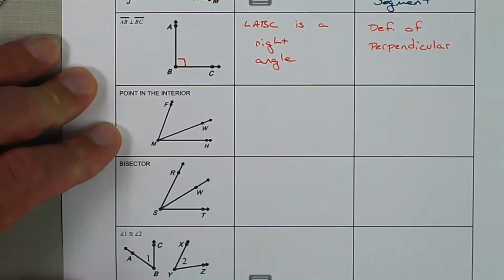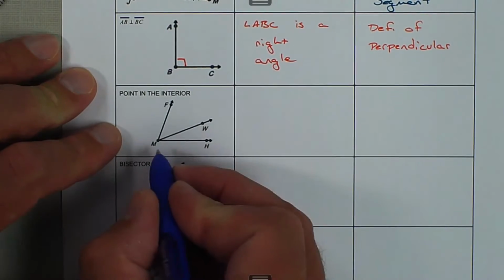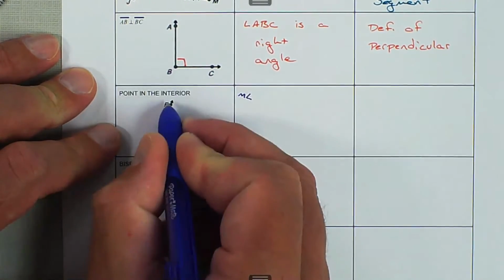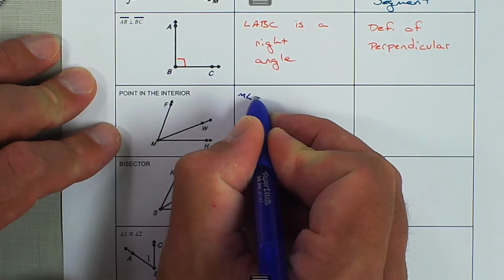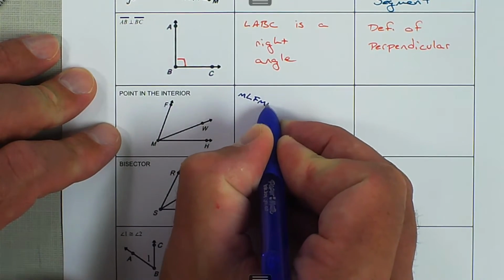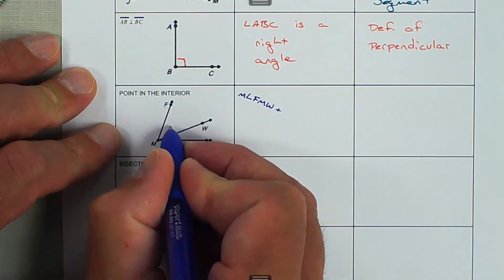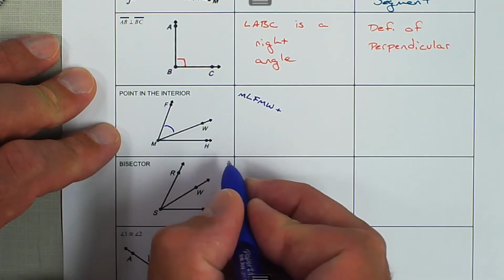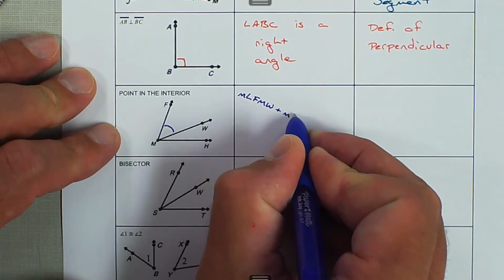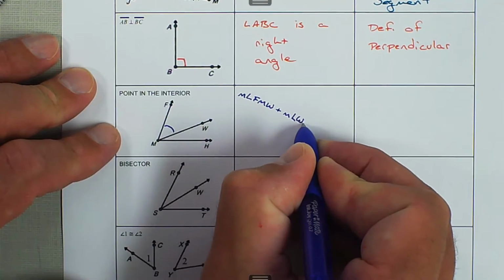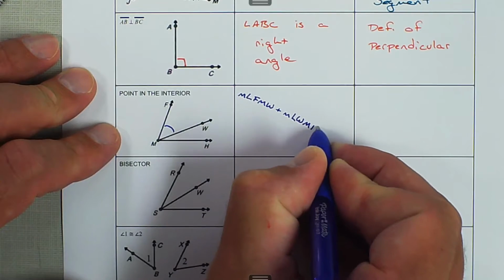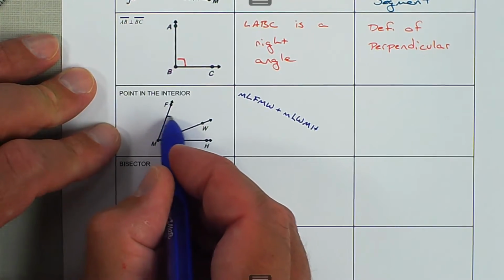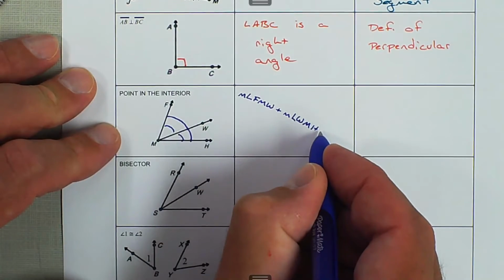So I'm going to write an angle for this one because it's going to be kind of long. So we could say the measure of angle FMW plus, so that was this angle, the measure of WMH, so that's this angle. If we add those two angles together, that gives us the full angle.